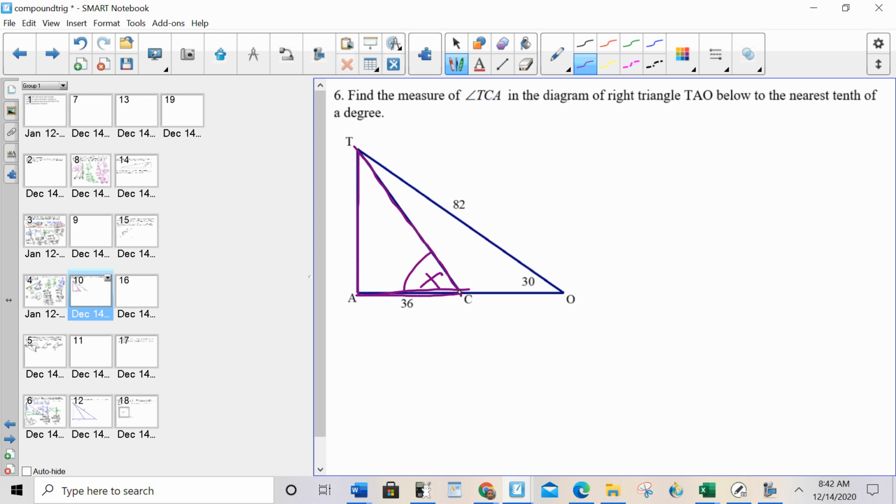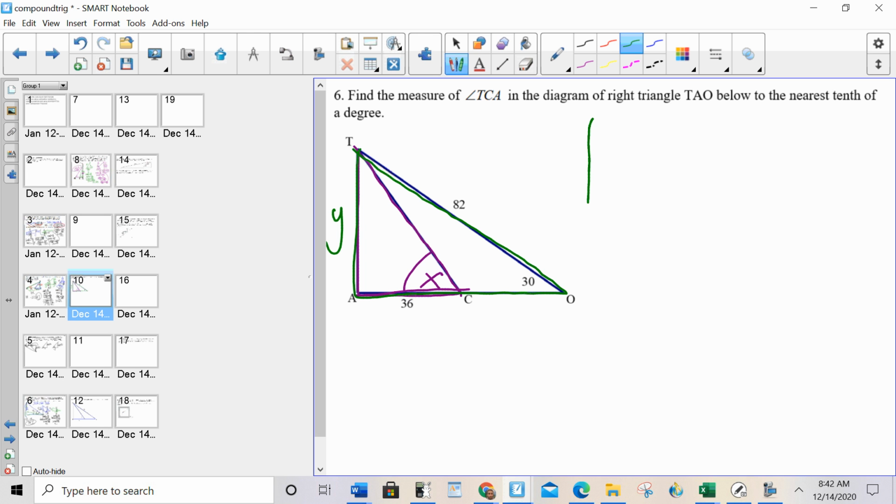I would need some other piece of information. So now I look for reflexive. Is there a side or an angle that I can find in both of these right triangles? The answer is yes. This one. So I can find that in the big right triangle and then use that to find the small right triangle.